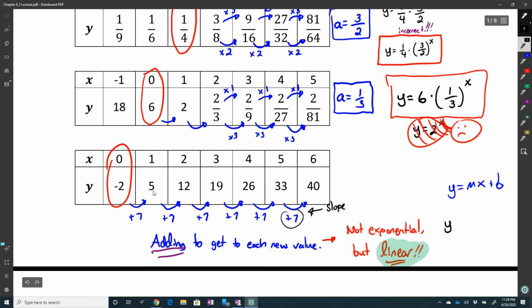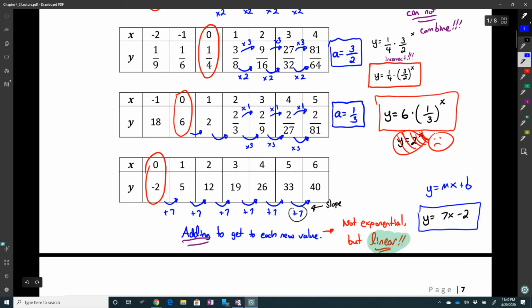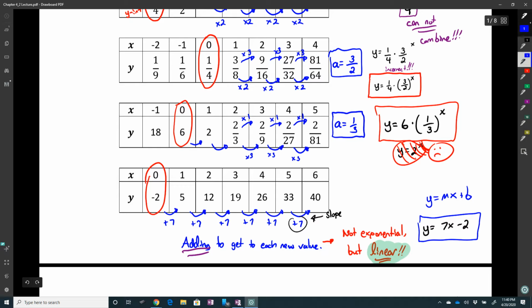And so my equation is just y equals 7x minus 2. Right? Anyway, so I just wanted to do that bottom one to show you that not everything's exponential and not everything's linear.